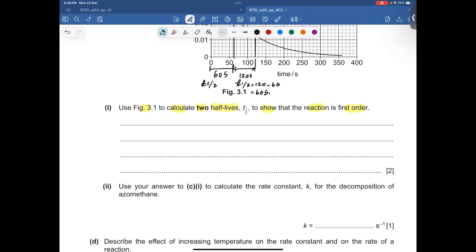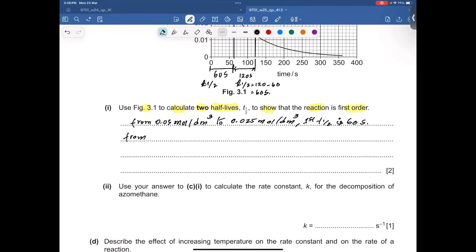Hold on. From 0.05 mole per dm cube to 0.025 mole per dm cube, the first half-life is 60 seconds. Okay.